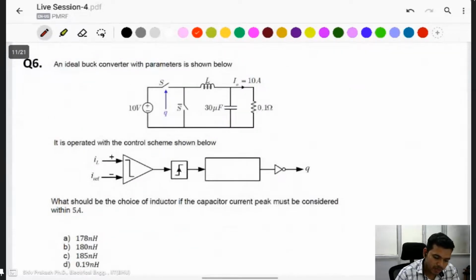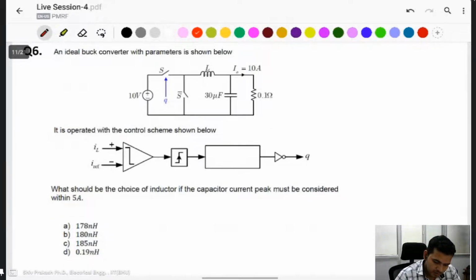An ideal buck converter, the parameters are shown below. This one is a buck converter. I think something is missing here.